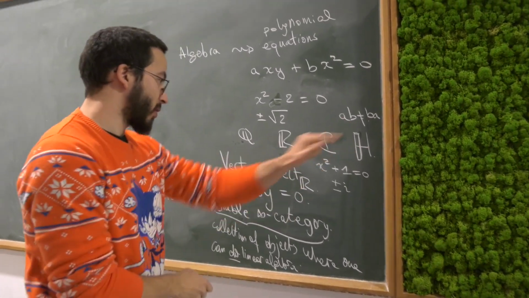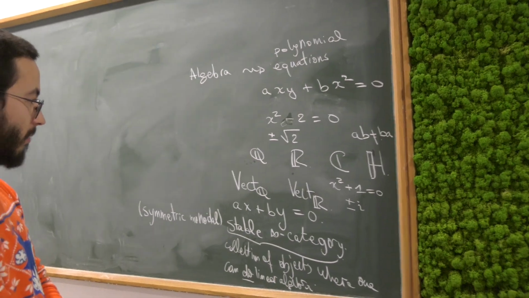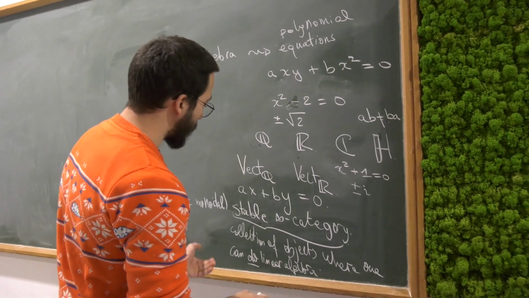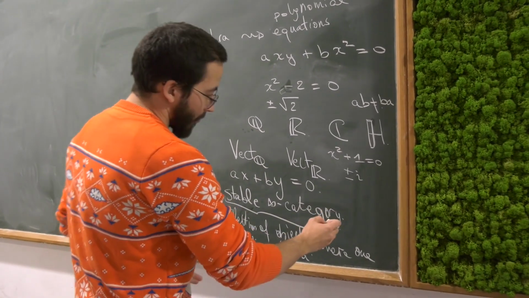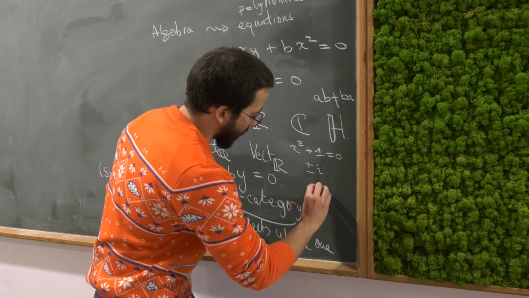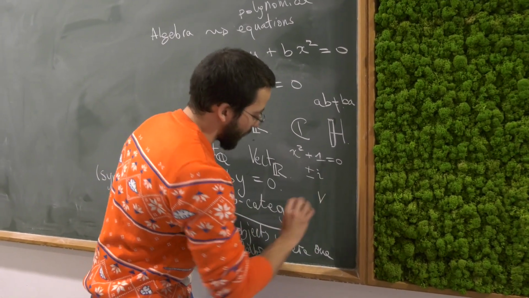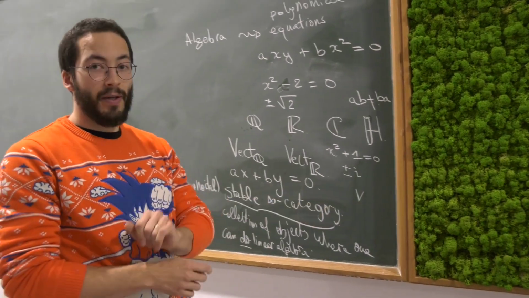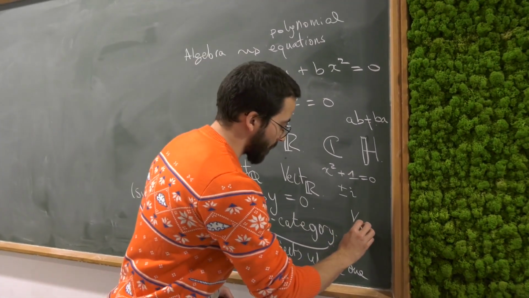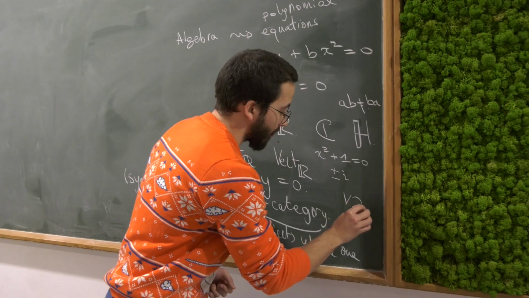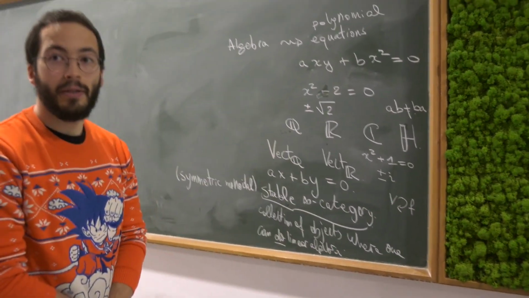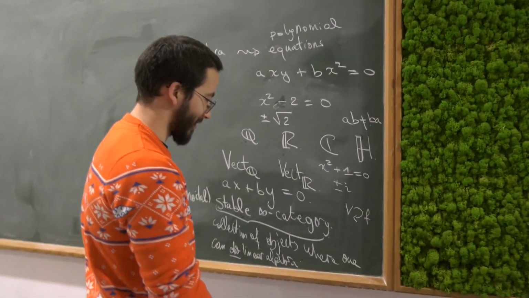And you can also take vector spaces over H, but you can do some much more complicated things. For example, you can consider the stable infinity category of matrices, where the objects, instead of being just vector spaces over Q, are vector spaces over Q equipped with a linear operator. And as you learn in linear algebra, a linear operator is nothing else than a matrix.